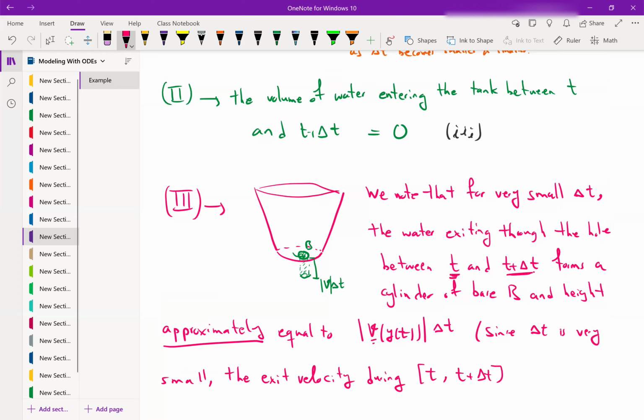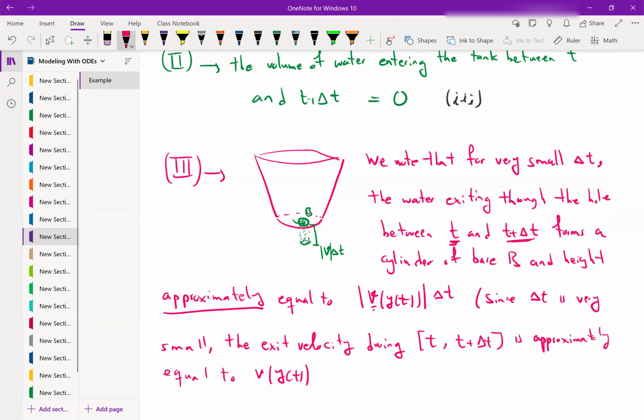It changes over this interval, but I'm approximating it with a constant function. It is approximately equal to V at the left endpoint of this interval.